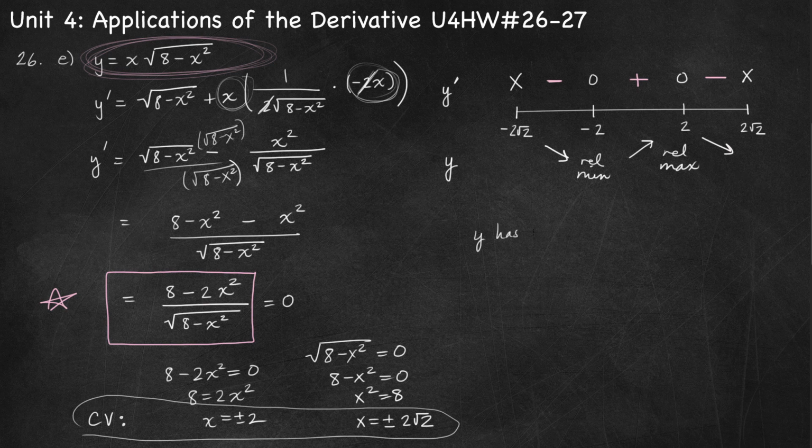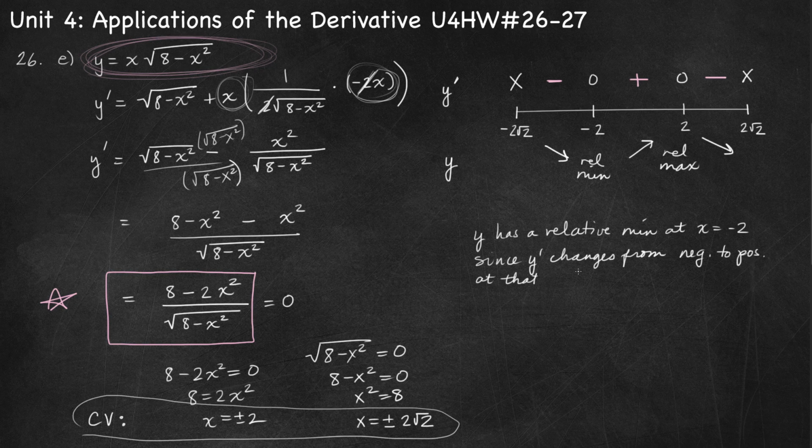So y has a relative min at x equals negative 2 since y prime changes from negative to positive at that point.